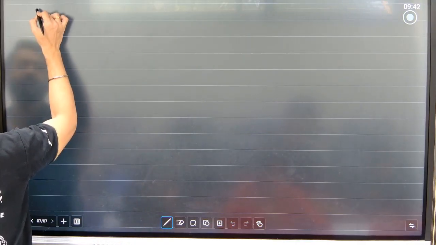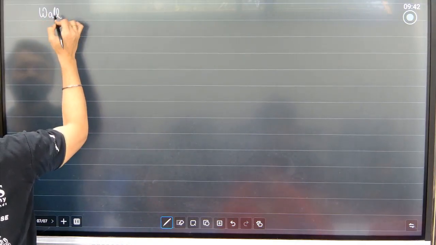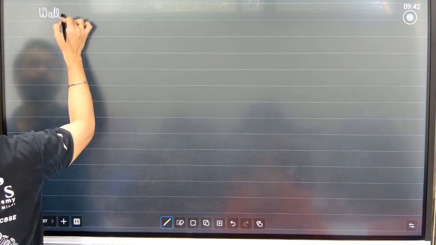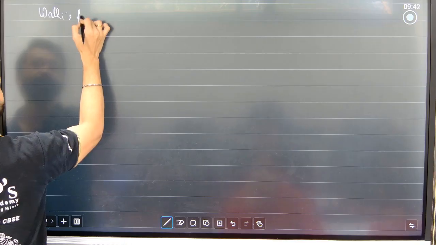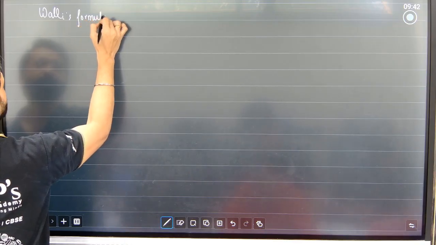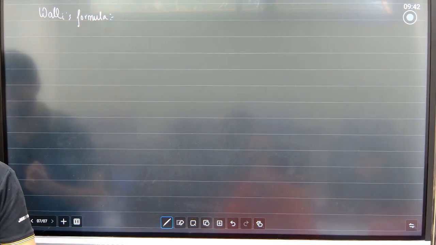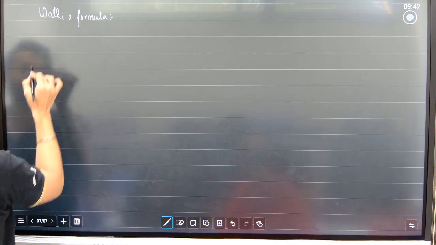An interesting concept, Wally's formula.